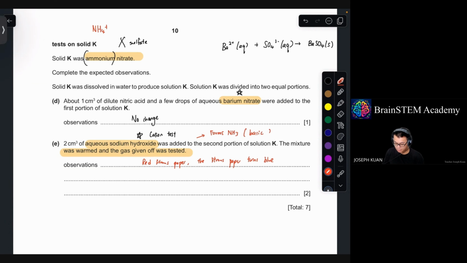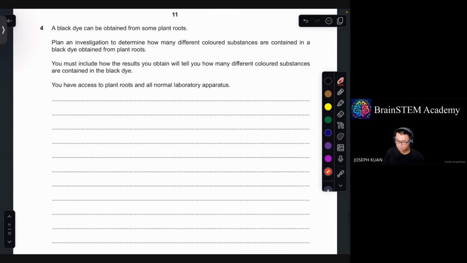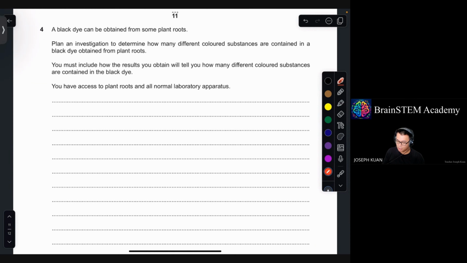All right, moving on to the next question, which is question number 4. A black dye can be obtained from some plant roots. Plan an investigation to determine how many different colored substances are contained in a black dye obtained from plant roots. You must include how the results you obtain will tell you how many different colored substances are contained in a black dye. You have access to plant roots and all normal laboratory apparatus.